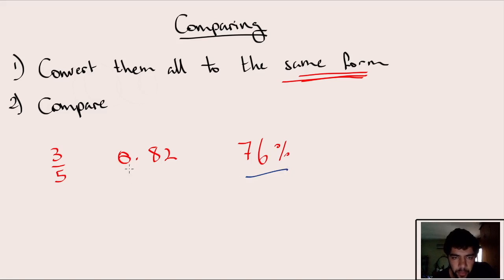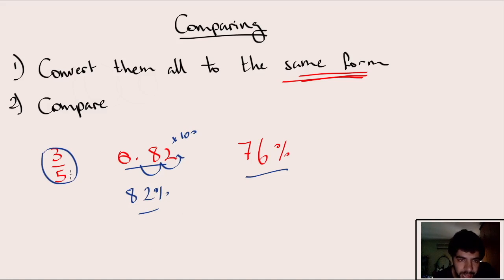76%. 0.82, converting a decimal is easy. I just multiply by 100. So I move the decimal twice, and it becomes 82%. So we already know that this is greater than 76%. And 3 over 5, I can just multiply the numerator and the denominator by 20.